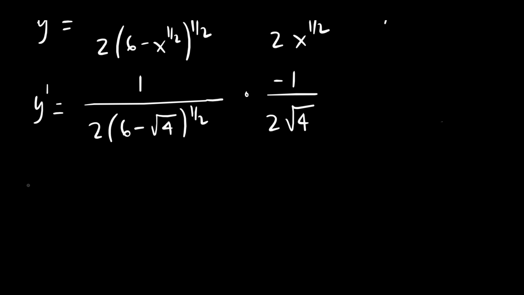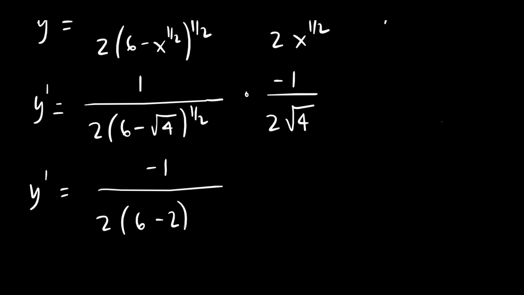So simplify everything. So y prime is just equal to negative 1 all over 2 multiplied by (6 minus 2) raised to the power of 1/2, multiplied by 2. So the square root of 4 is just equal to 2, right? So 2.